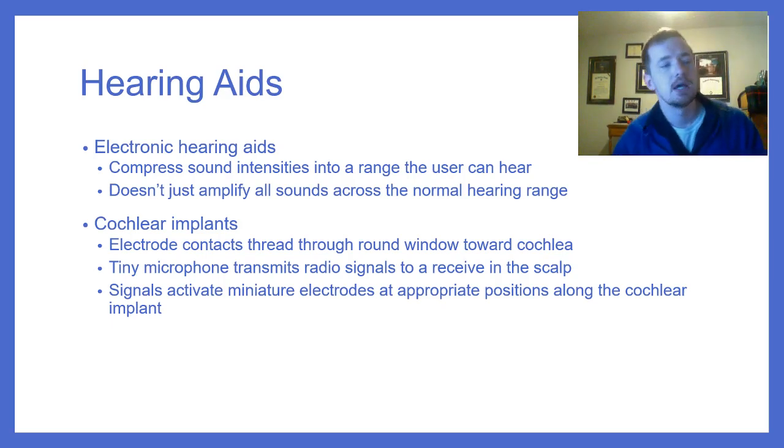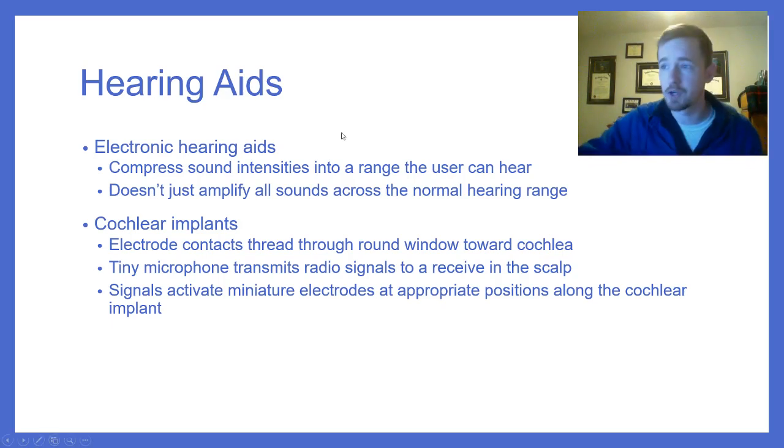So in other words, if you were to play something like a dog whistle, it's not going to cripple somebody who has a hearing aid, because that's not one of the sounds those hearing aids typically amplify. Instead, it's going to be amplifying mostly the conversational ones that deal with speech, because those are in some ways most important for people that have hearing loss.